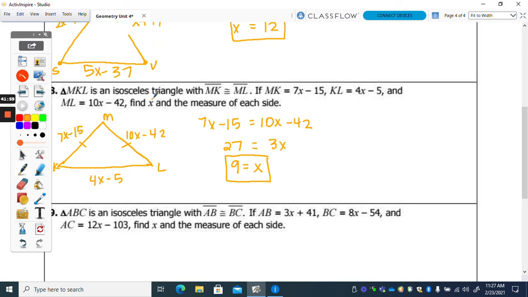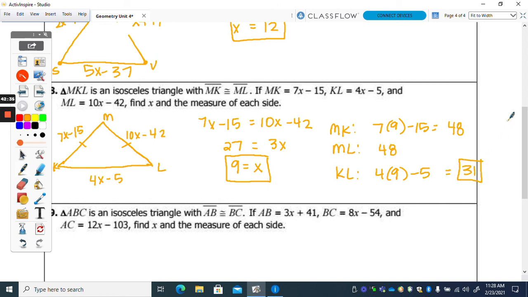And then to find the measure of each side, MK is going to be 7 times 9 minus 15, which is 48. So ML is also 48. And KL is going to be 4 times 9 minus 5, which is 31.